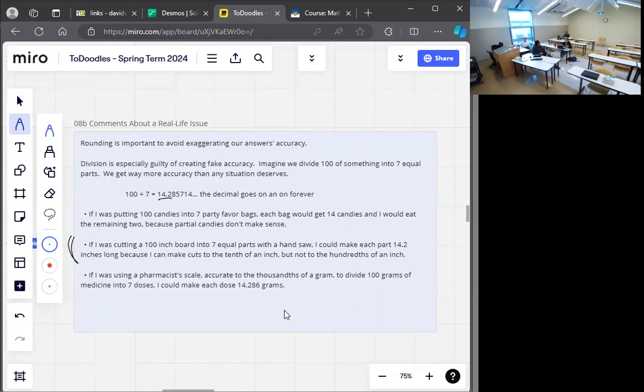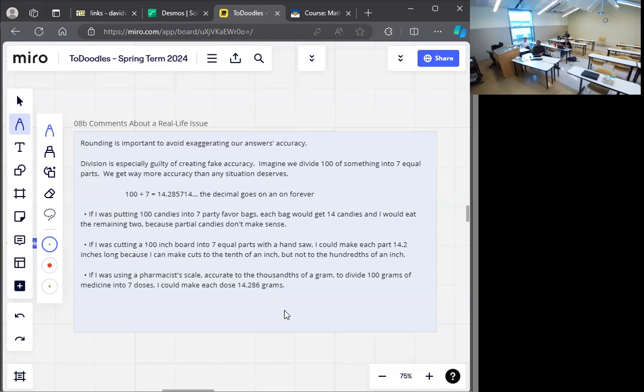I don't think I can accurately measure the hundredths of an inch. That's pretty expensive material. So I think just tenths of an inch would make sense. So I would write 14.2 and round it there. I'd actually want to round up and make it 14.3, but we'll get to that in a moment. We haven't really talked about how to round yet.